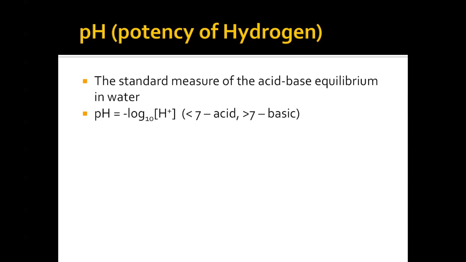That's just an interesting thing that you find. So pH is also known as the potency of hydrogen, little p and then big H, and it's the standard method of expressing acid-base equilibrium, and pH is always the negative log to the base 10 of the concentration of your hydrogen ion.